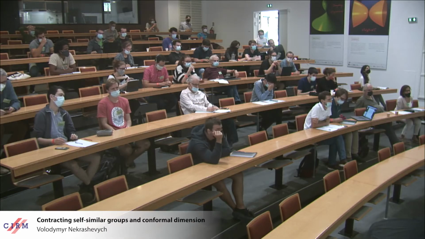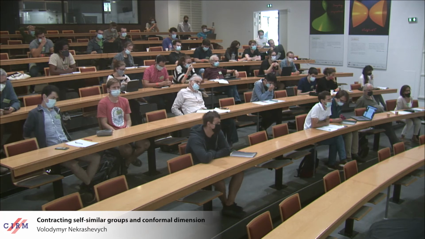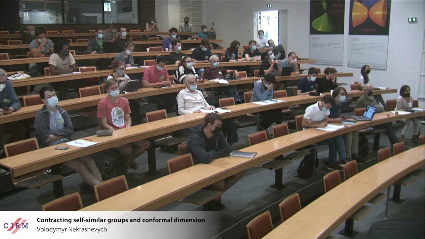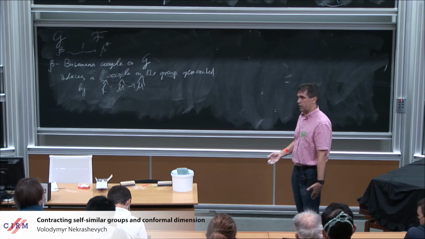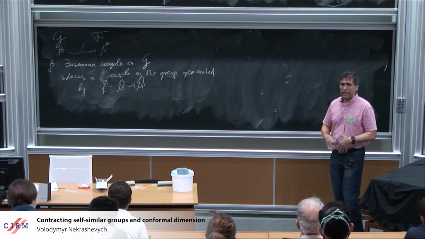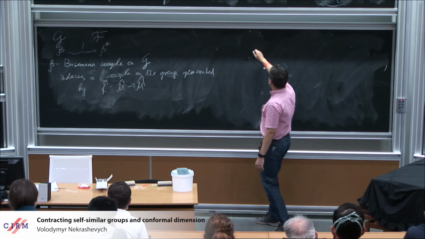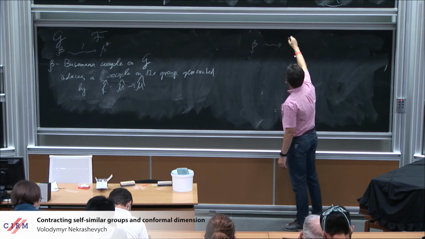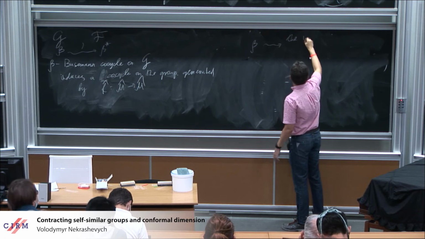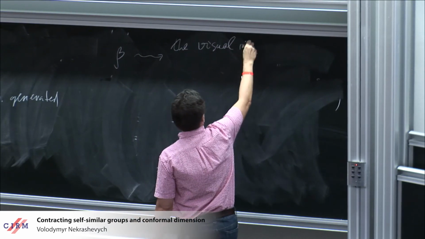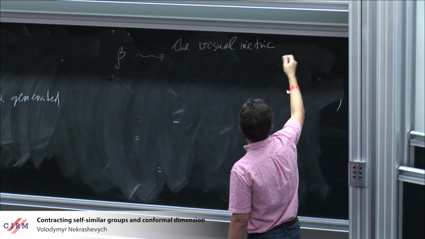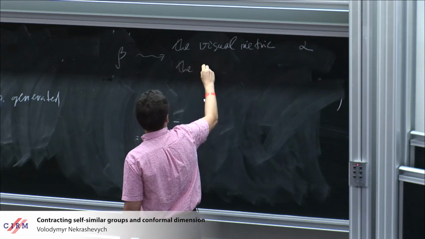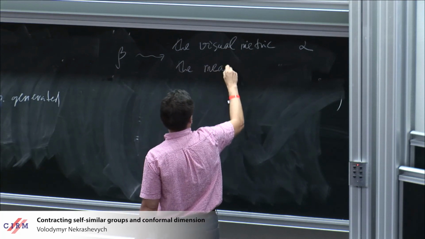And each Busemann cocycle on this self-similar group will define a measure on the Julia set, so on the Gromov hyperbolic boundary, and a class of metrics. So if you have a Busemann cocycle beta, then it associates a visual metric, and this visual metric exists starting from some exponent, and you have the measure, basically the Patterson-Sullivan measure associated with this Busemann cocycle.